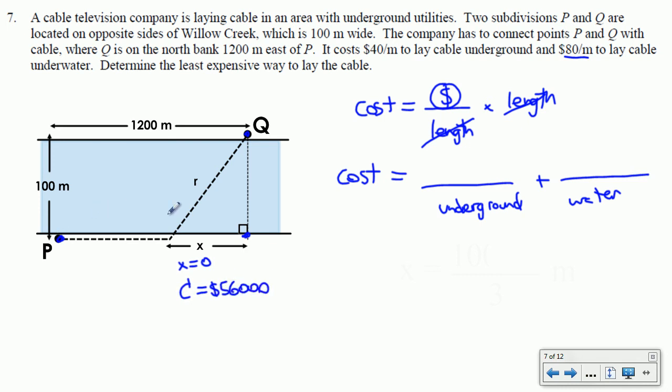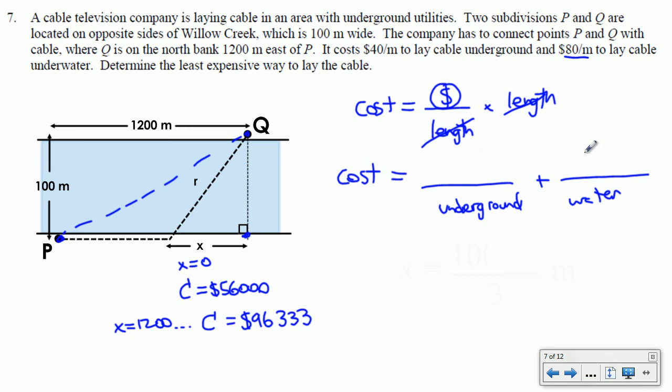And the other solution, so if x was 1200, that would be the direct route, right? Because this x, 1200, would mean this x takes up this full length. That means we go direct. So if x was 1200, we would get a cost of $96,333. So when you do this question, you need to minimize this.